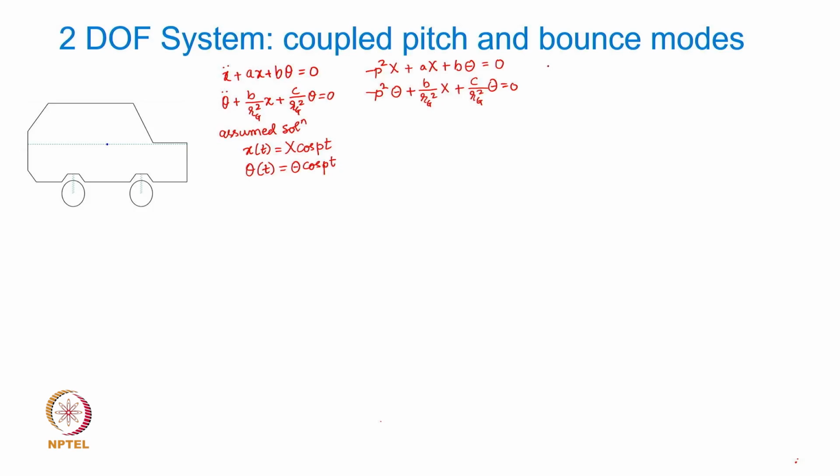And so from this equation I get capital X over capital theta equal to minus b over a minus p square.